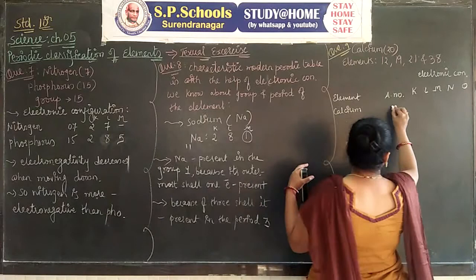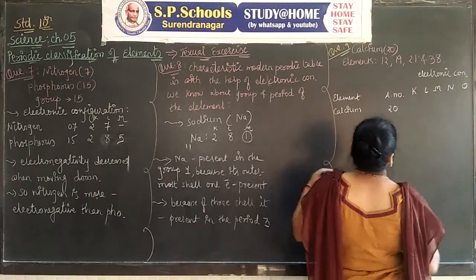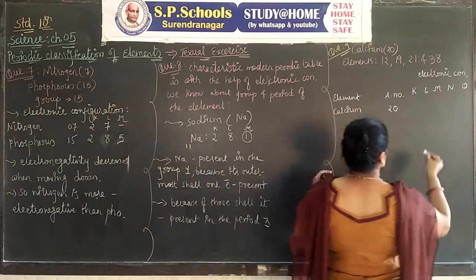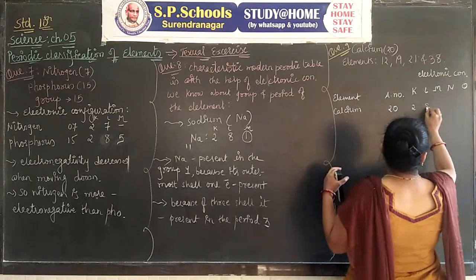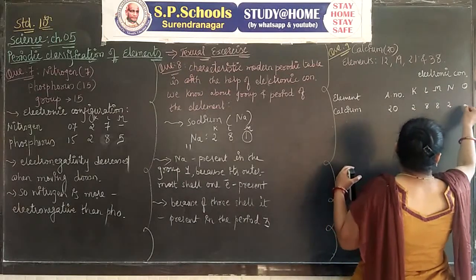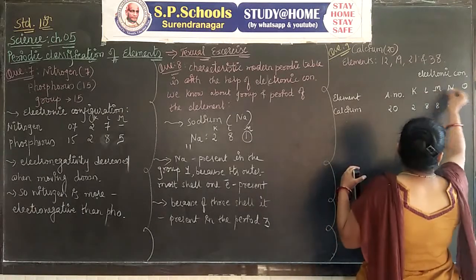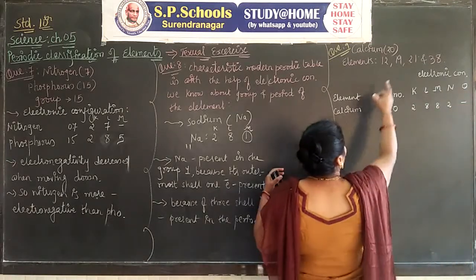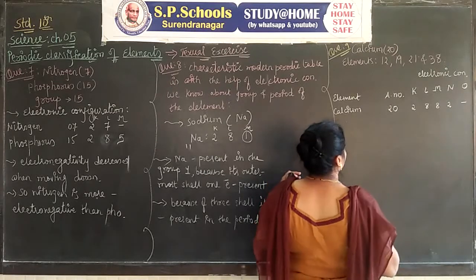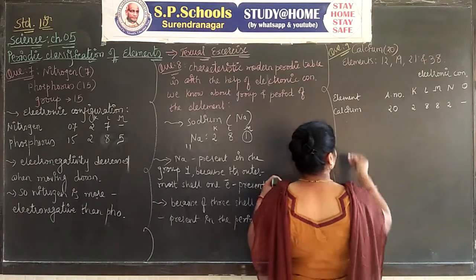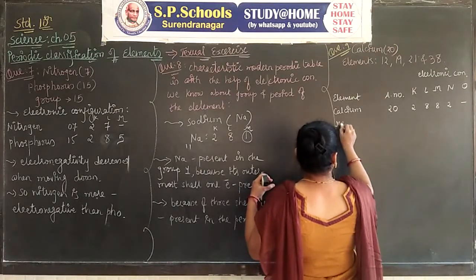Calcium atomic number 20, the electronic configuration will be 2, 8, 8, 2. Then we write about 12. The 12 number, we already know, will be magnesium.